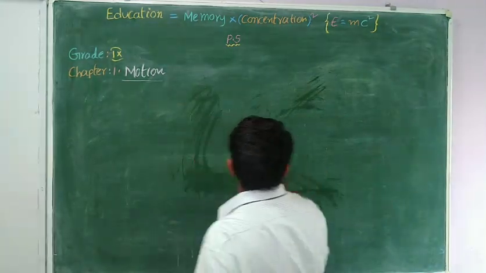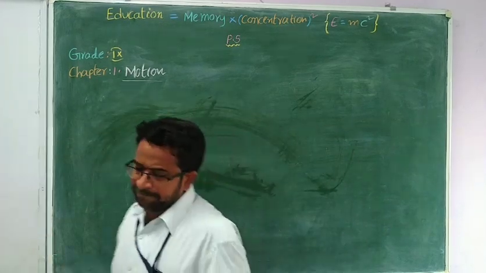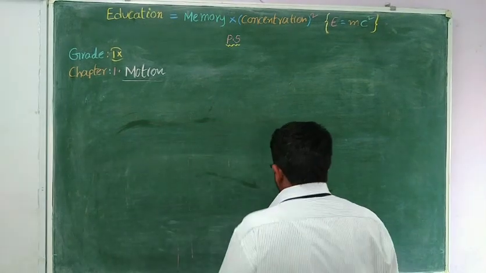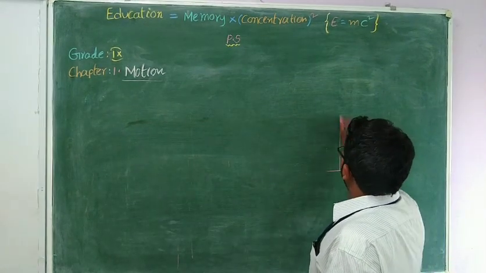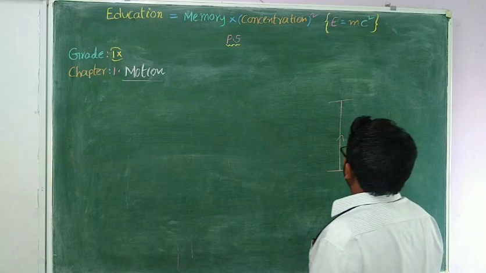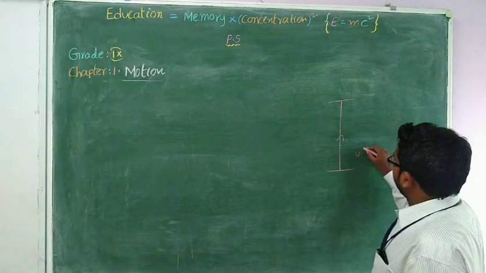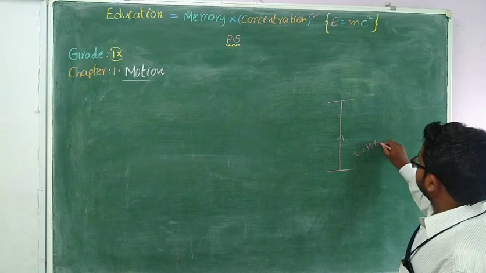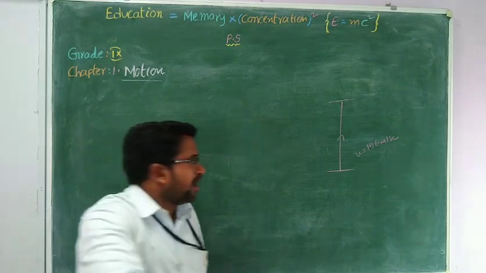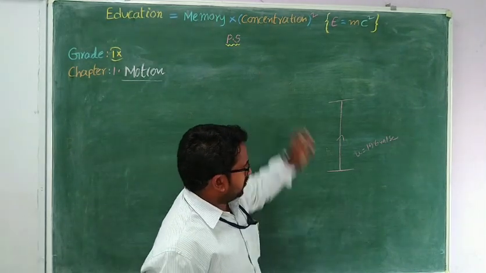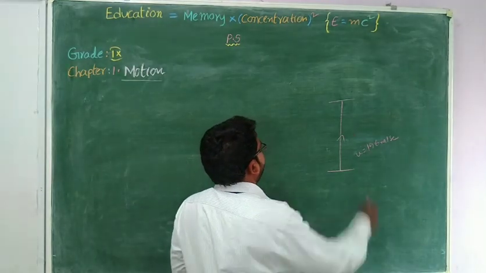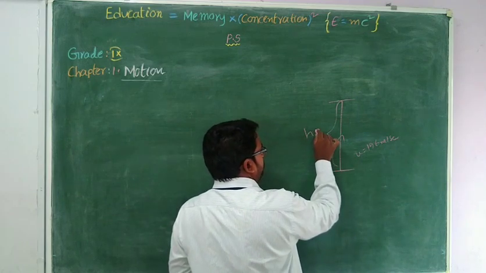Now, in the numericals, they are going to ask different questions. What is asked is like this: an object is vertically projected with an initial velocity of 19.6 meter per second, and it attains the maximum height h max.